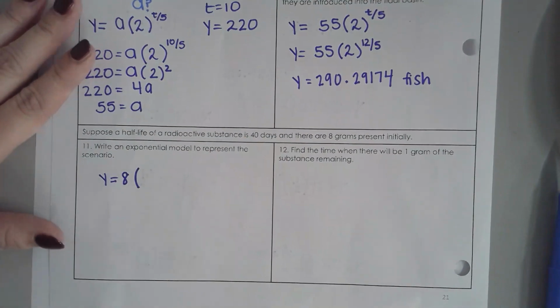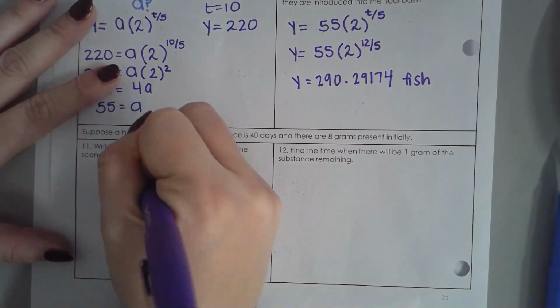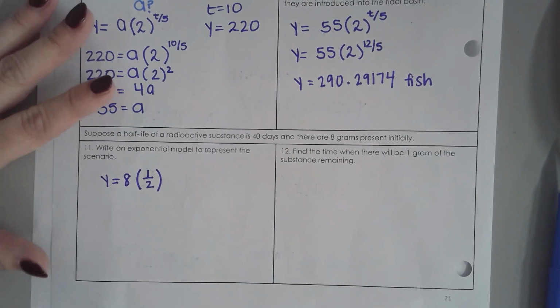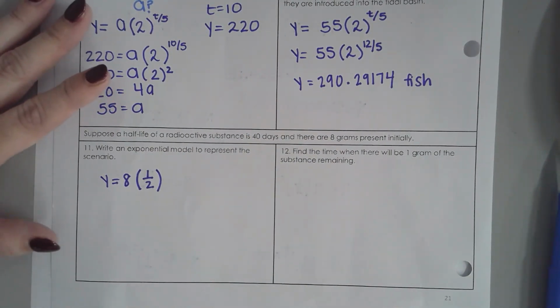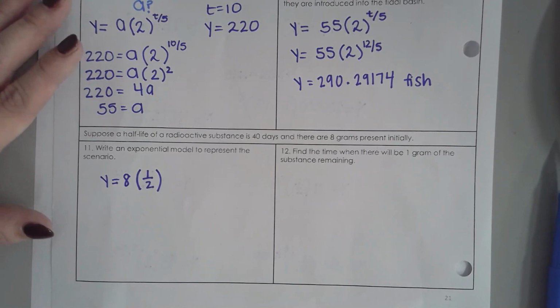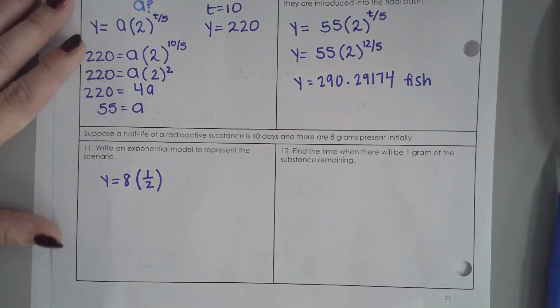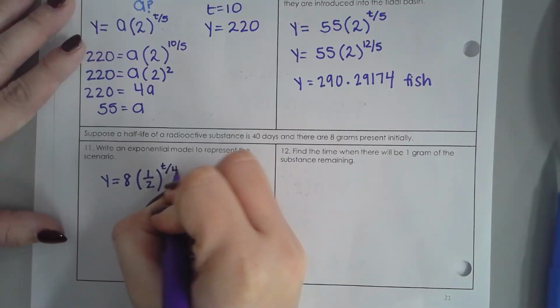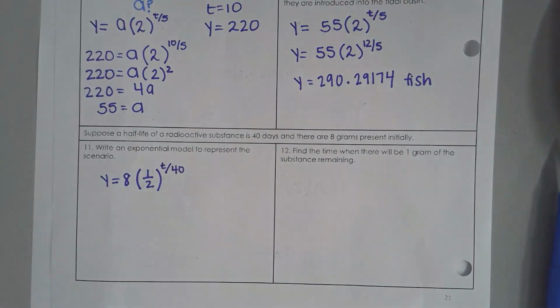My ratio is 1/2 because it's cutting in half. But it's not just to the x power, because that would be 1/2 every year or every month or whatever our unit is. It's t divided by 40, because the half-life is 40 days. So every 40 days, it's half of what it was before.